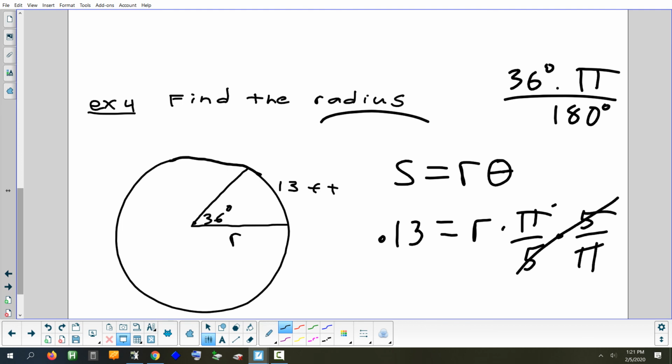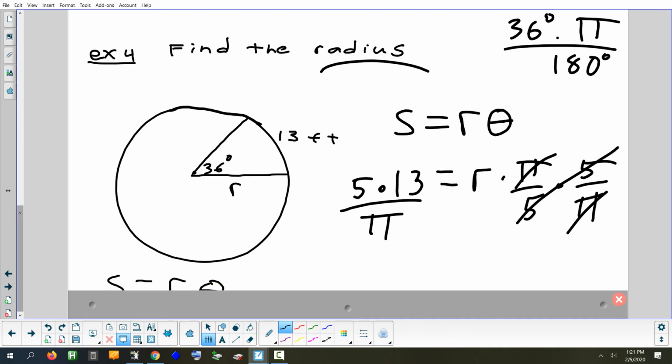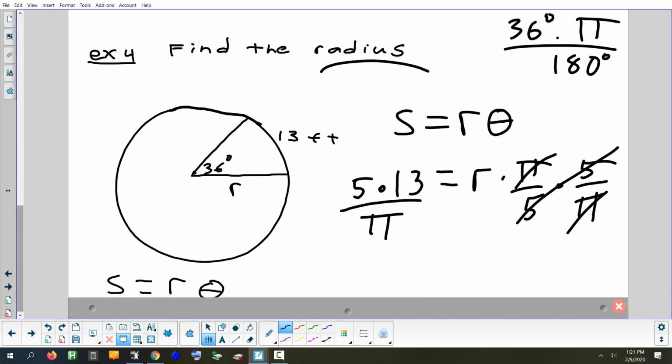That cancels the 5's and the pi at the same time. Now do it on the other side. 5 over pi. Okay, all we have to do is simplify the numerator, and then that's our answer. What's 5 times 13? So we get 65 divided by pi.